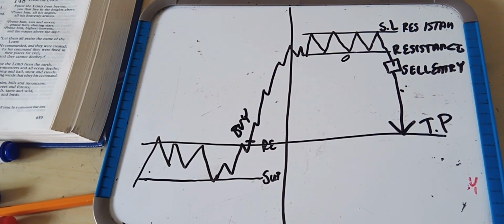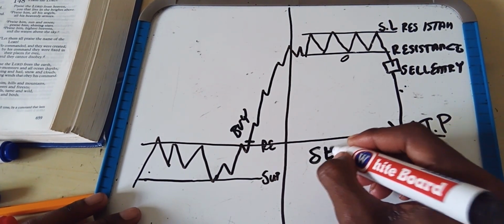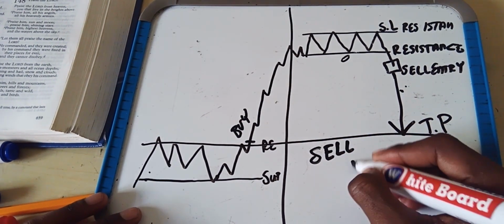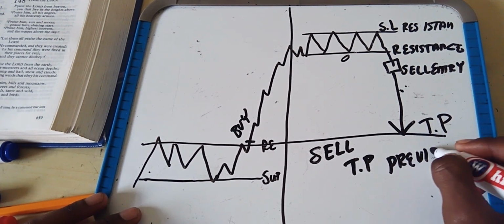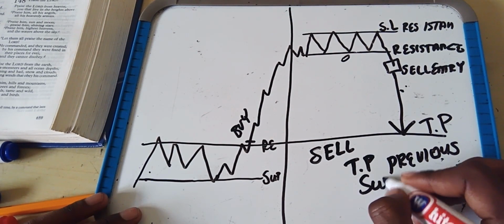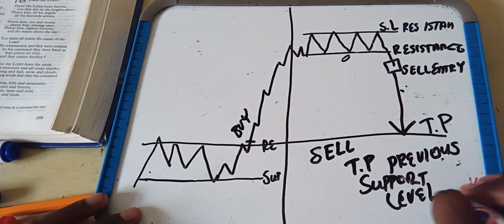So if you sell, your take profit must always be at the previous support level, as simple as it is.